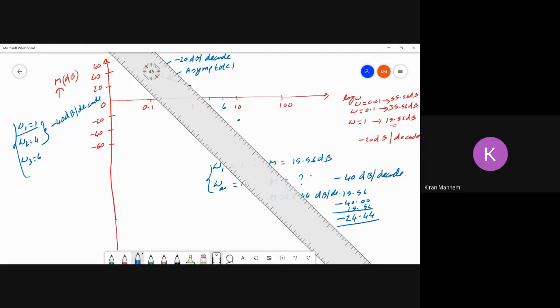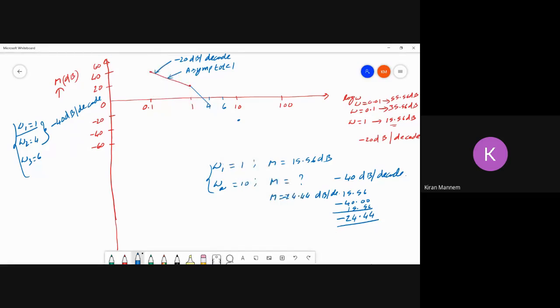So I'm not connecting this line since I should draw this line till the 4 only, right?